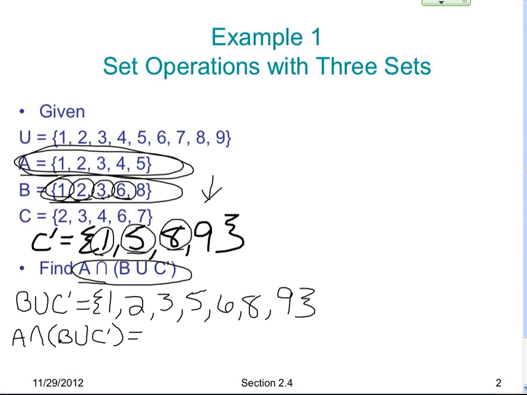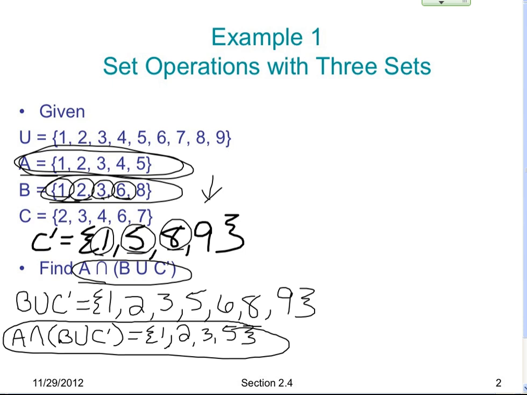Well, they both have a 1. They both have a 2. They both have 3. And they don't have 4, but they do both have 5. So that would be your final answer: 1, 2, 3, and 5.